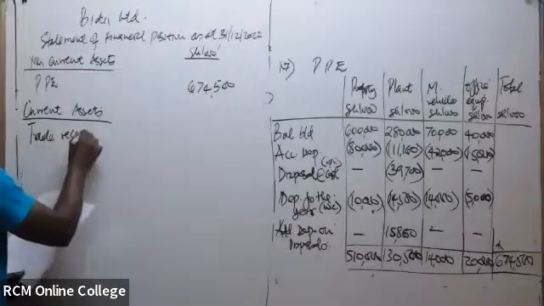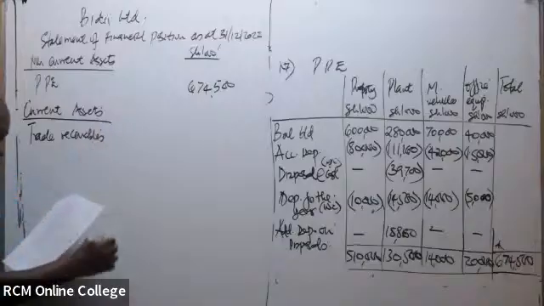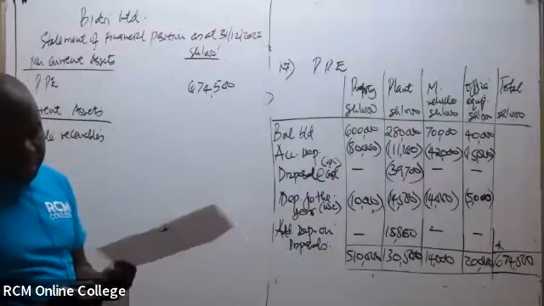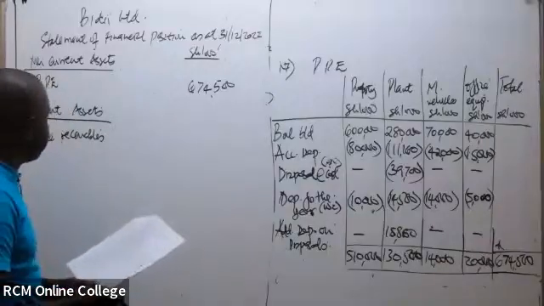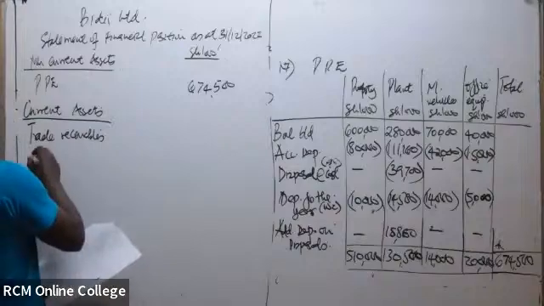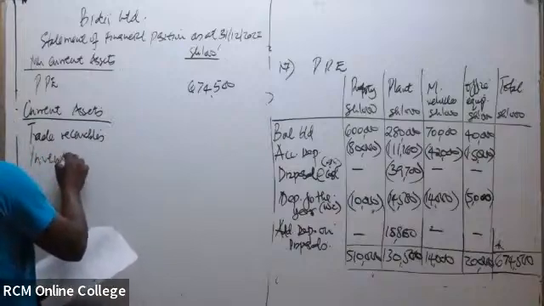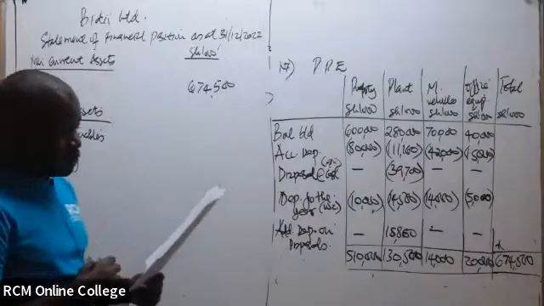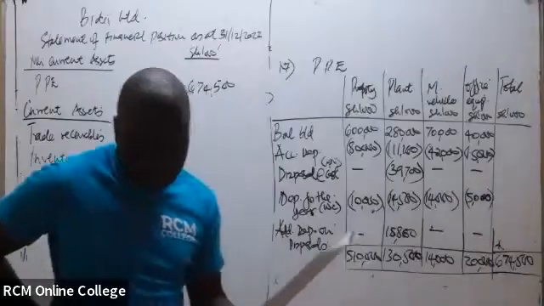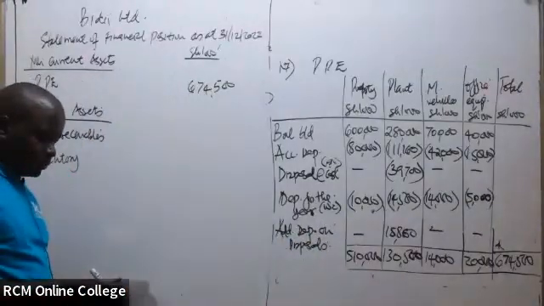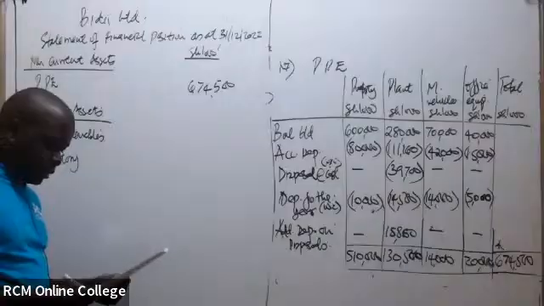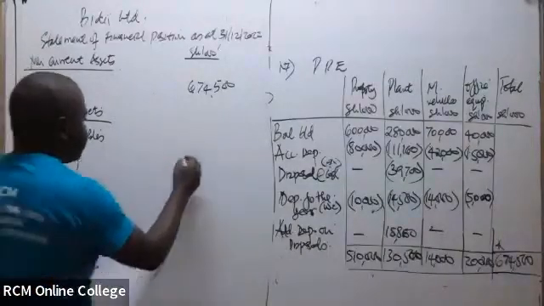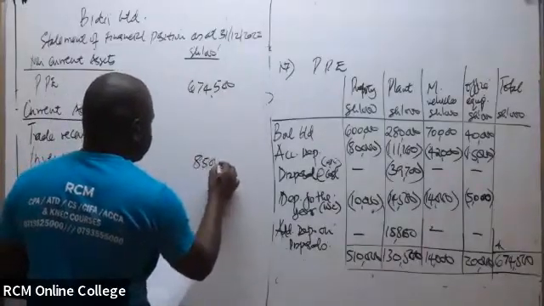We also have inventory, which you've been given in the additional information, number 5. So inventory in this case is 85 million.